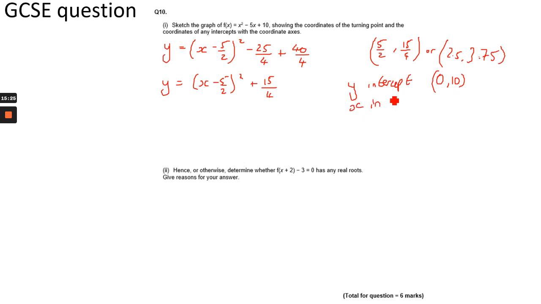And the x-intercepts when the y value is equal to 0. So we've got minus 15 over 4 is equal to (x minus 5 over 2) squared. Have I made a mistake here? Square root both sides.